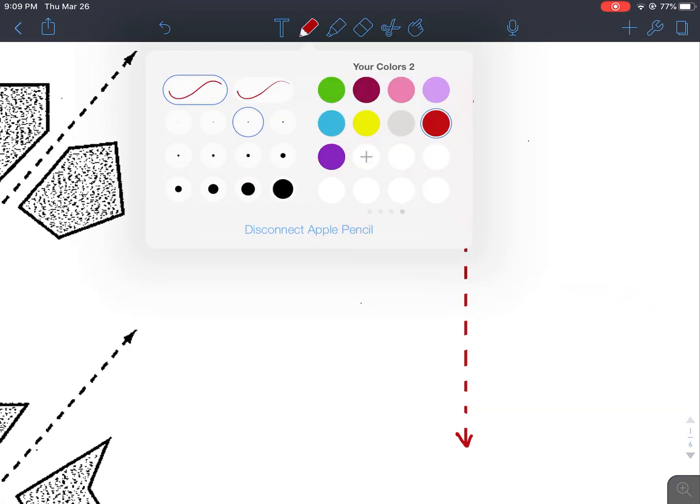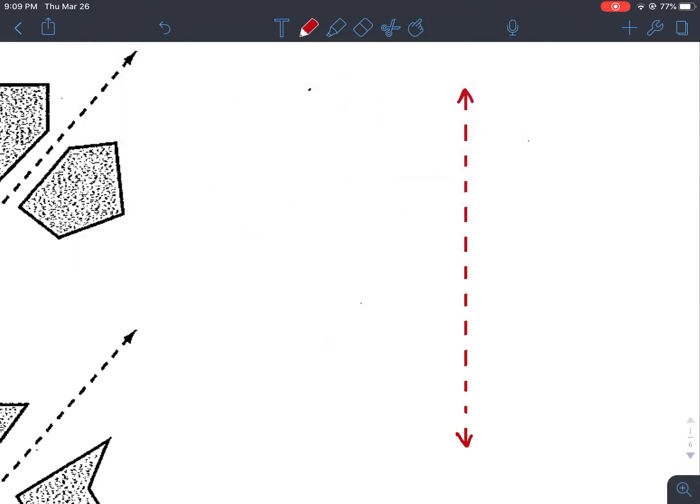Also, if I had a figure that looked like this, in order for it to be a reflection, it would have to go out at the same angle.